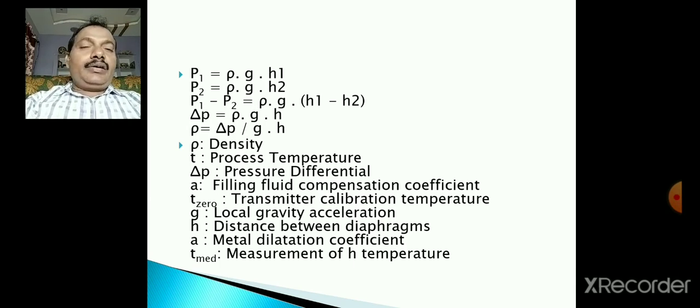T is the process temperature, delta P is the pressure differential, A is the filling fluid compensation coefficient, T0 is the transmitter calibration temperature, G is the local gravity acceleration, and H is the distance between diaphragms.